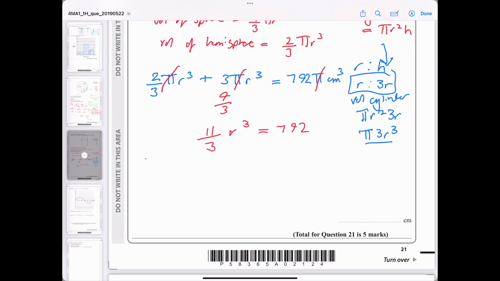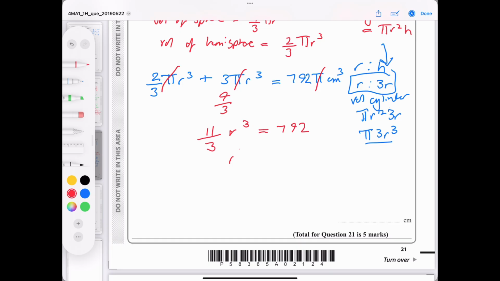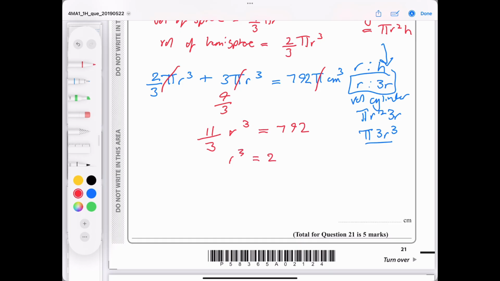So that would be 792 times 3 divided by 11. That means that r cubed equals 216, which is lovely because if we cube root that, we will find that it's actually 6.